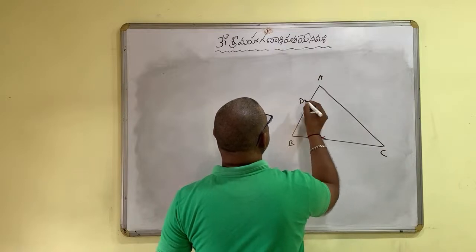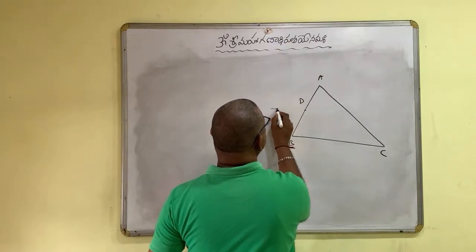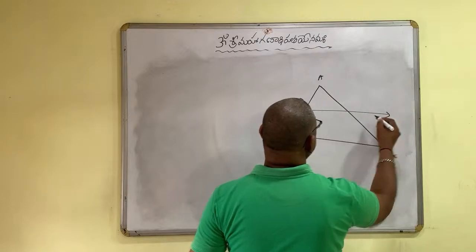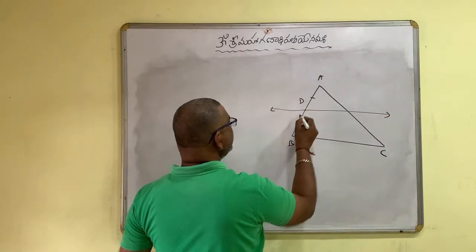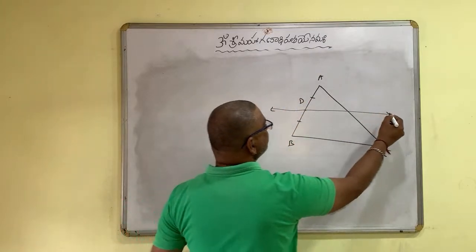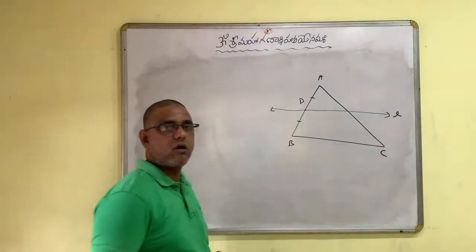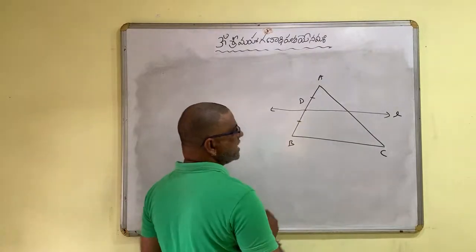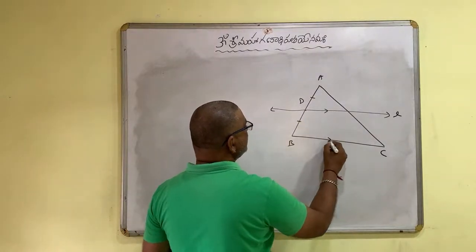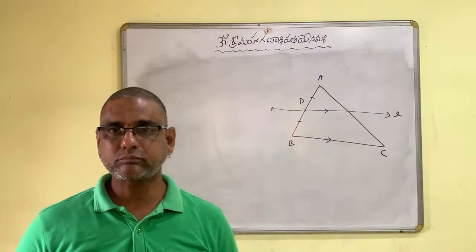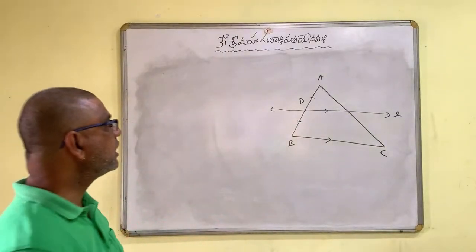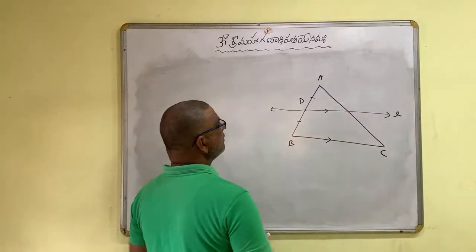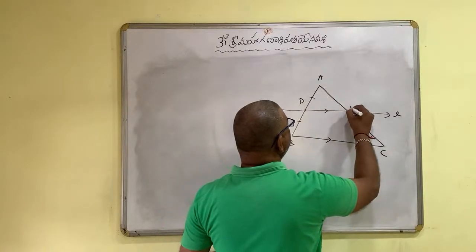D is the midpoint of AB. Line L is drawn through the midpoint D, parallel to BC, intersecting AC at E.